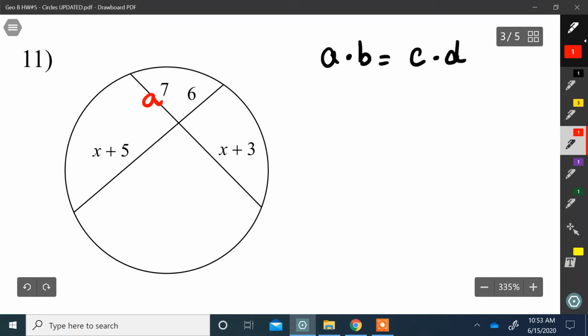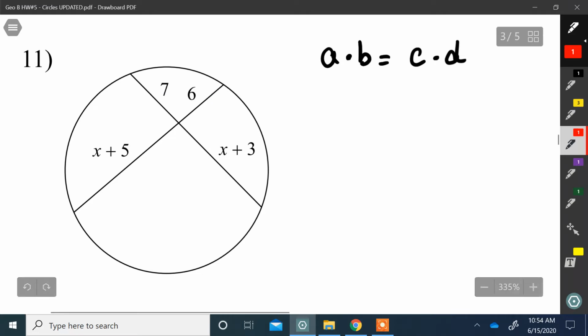So if this is A, this will be B. You could also do this. This could also be A, but this will be B. What you cannot do is this. If this is A, this should not be B. That is wrong, because it should be on the same line.